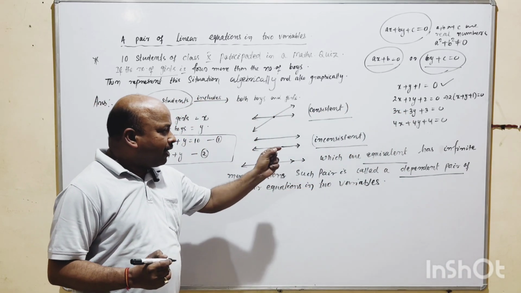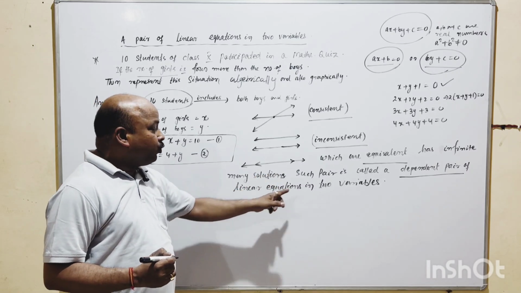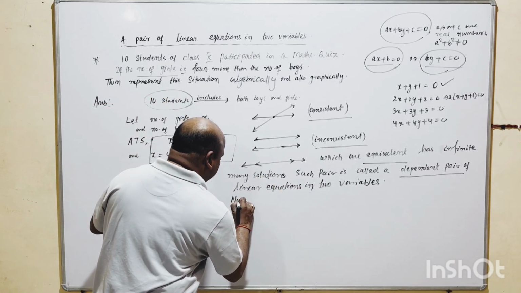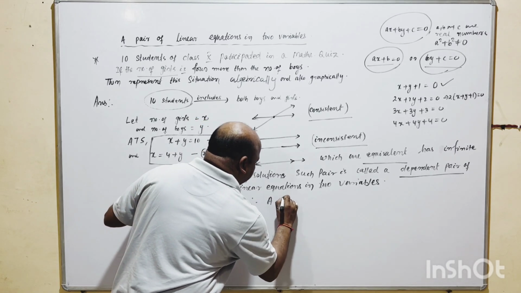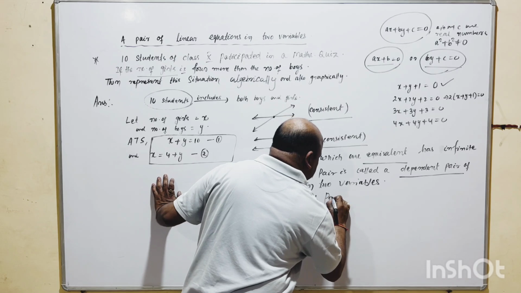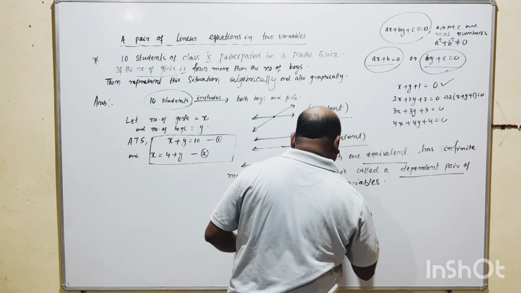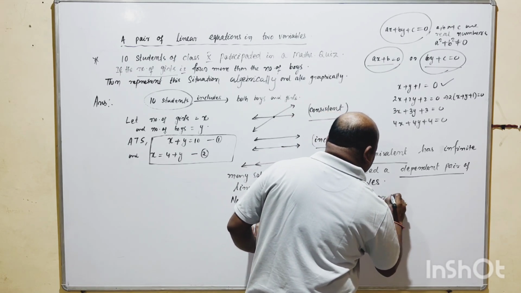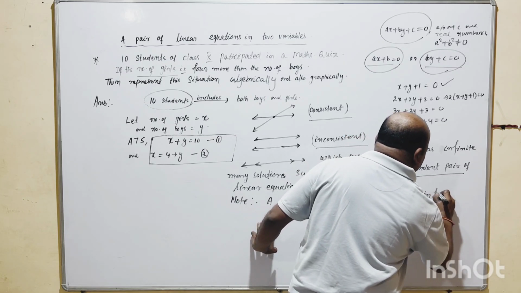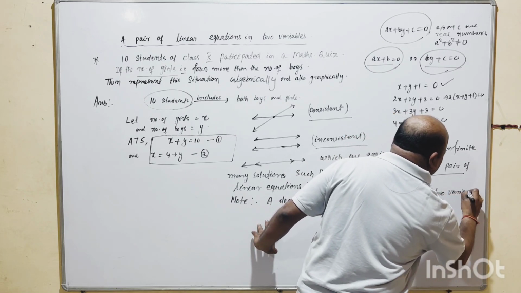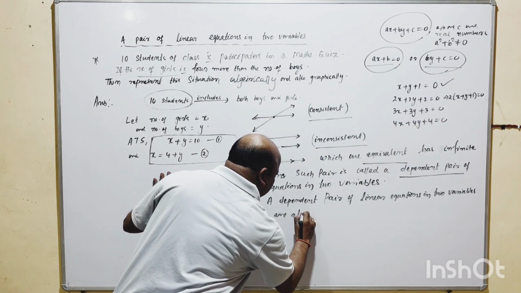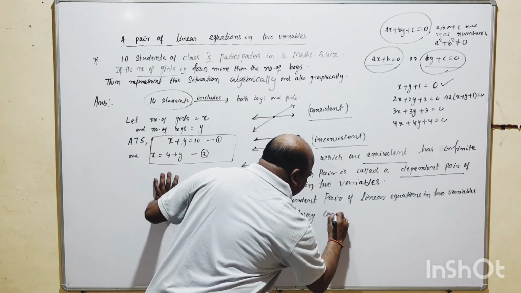A dependent pair of linear equations in two variables is always consistent. So note that a dependent pair of linear equations in two variables is always consistent.